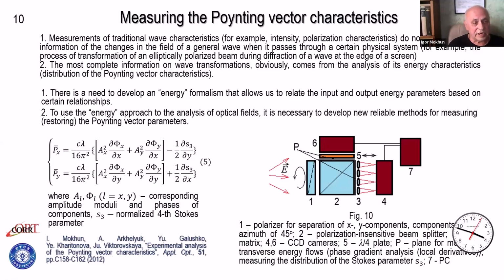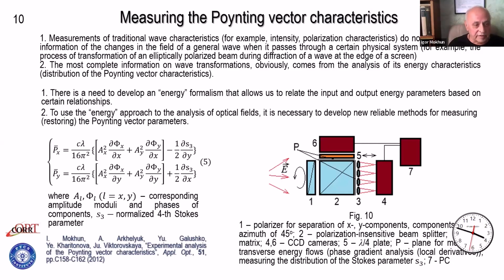They can be measured directly by analyzing Hartmannograms obtained using a microlens matrix. Therefore, the following scheme can be used as the basis for a device that allows one to obtain the characteristics of the Poynting vector directly at the output of the device.